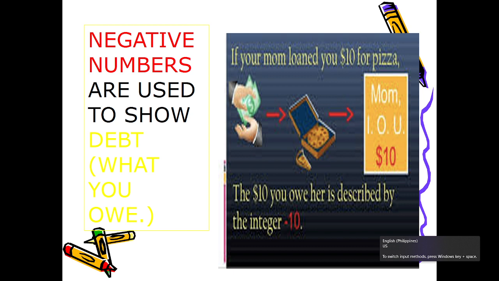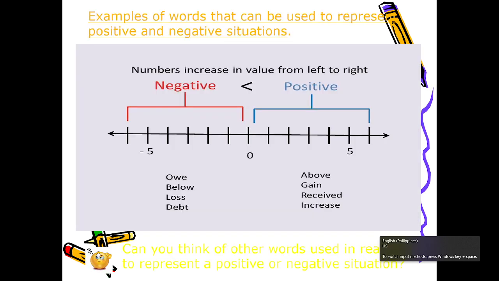So if we borrow from a bank or a financing institution, that amount is considered to be a negative on our cash flow. Now, here are some words that can be used to represent positive and negative numbers.